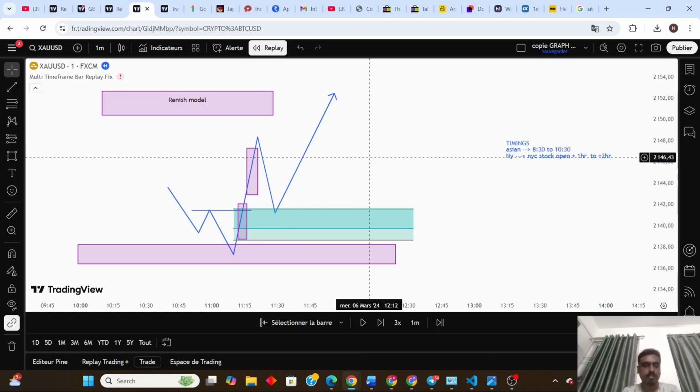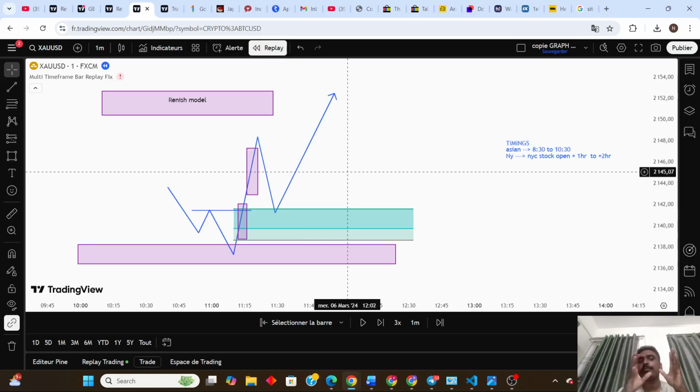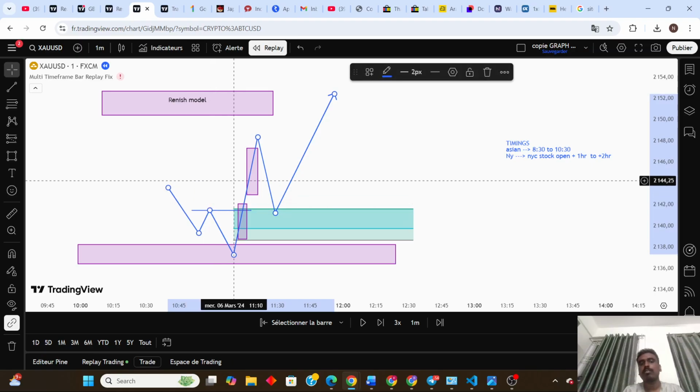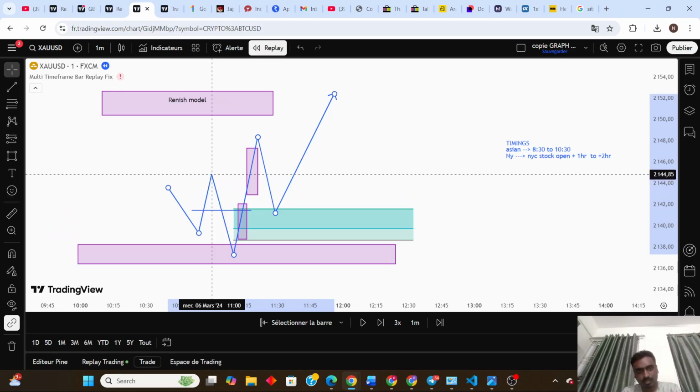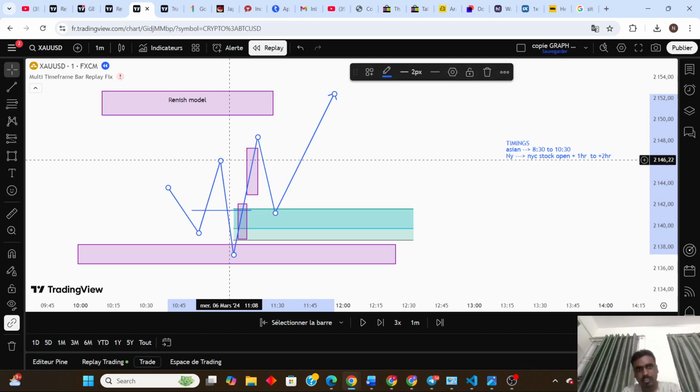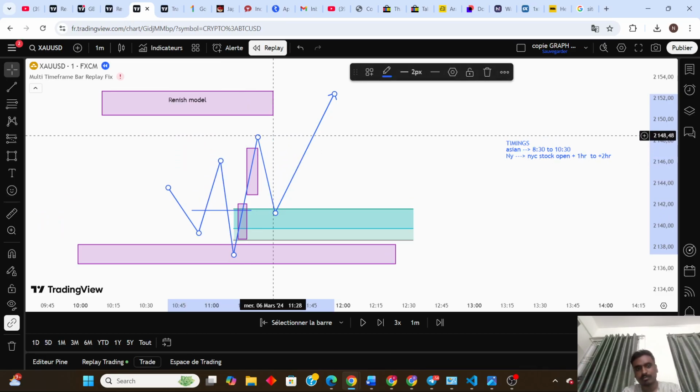Now, what I have done is, see what problem I have been facing with the breaker block model, which I initially started applying to my trading. The biggest problem is risk reward. What ICT suggests is, if the swing is here, you take the entry here and target this.